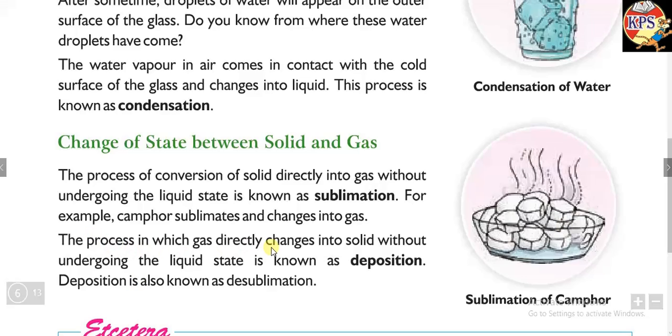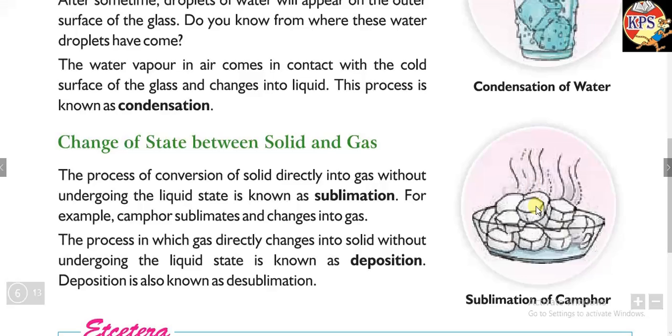The process in which gas directly changes into solid without undergoing the liquid state is known as deposition. Deposition is also known as desublimation. So how does it work? When we heat these ice cubes at a particular temperature, they start changing into water vapor, because the temperature is so high that without changing into the liquid state, they directly change into the vapor state.